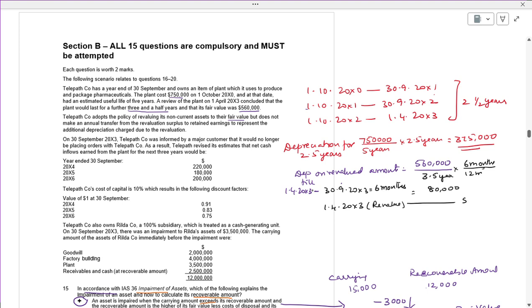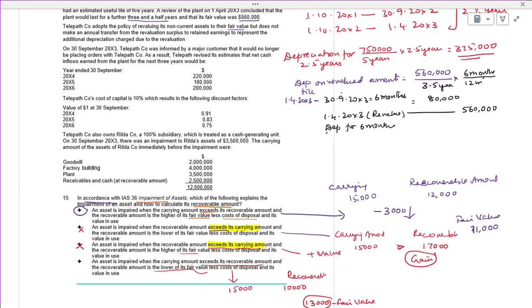Revaluation is 560. Depreciation for 6 months, how much? 80. So the value as on 30th September 2003 is 480.